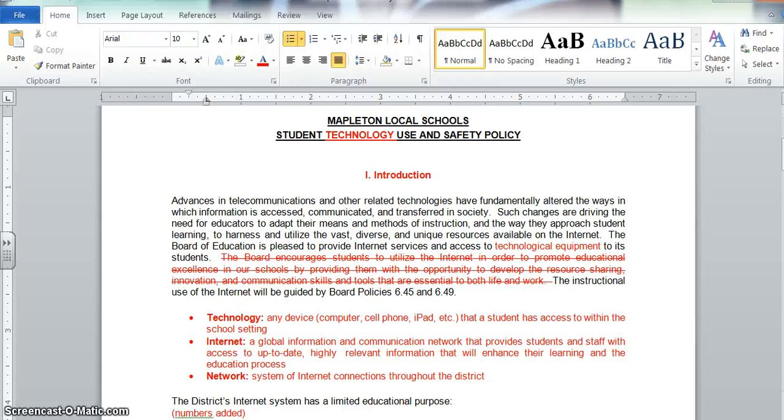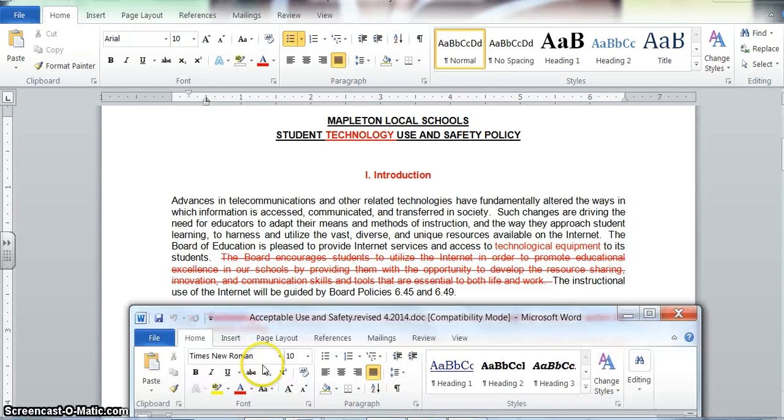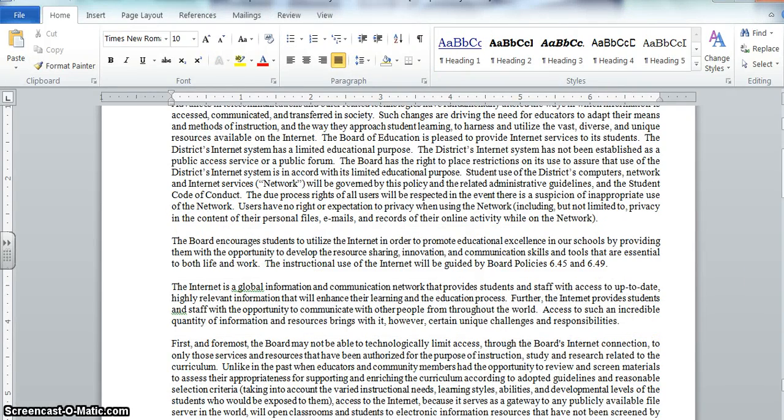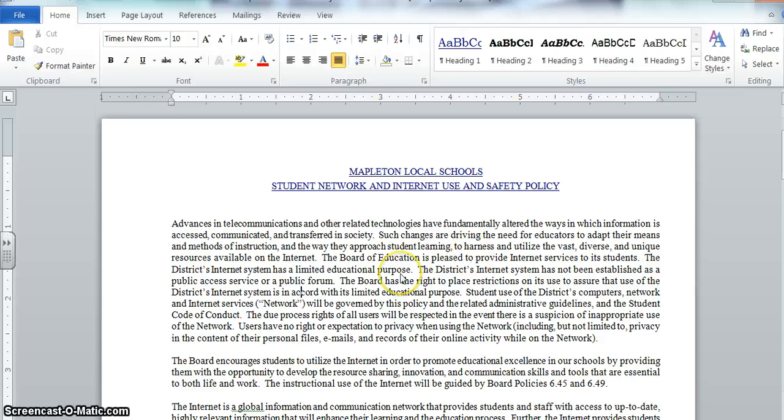Another simple formatting change I made to make it more user friendly, as you can see here in the original document, that font was much smaller, much closer together, less user friendly, almost looked old fashioned, which wouldn't be as appealing to students.